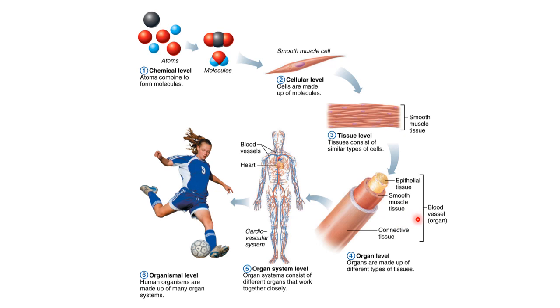The organ combining with other organs to form the organ system. And the organ system combining with other organ systems to form the organism. And as you observe, the level of structural complexity and functional complexity increases as you go high up the level of organization.